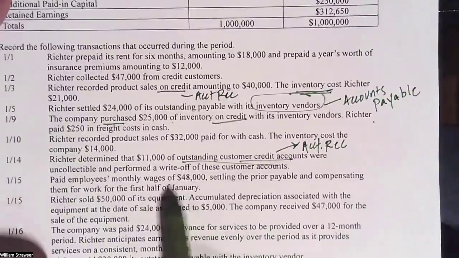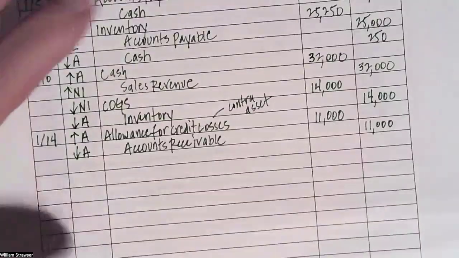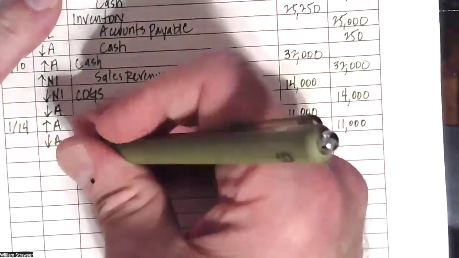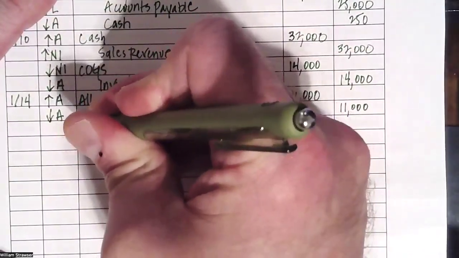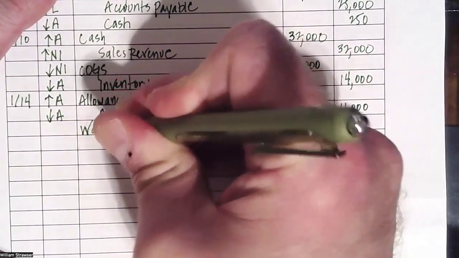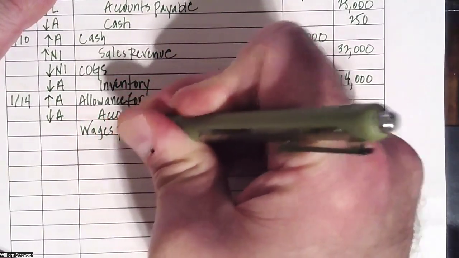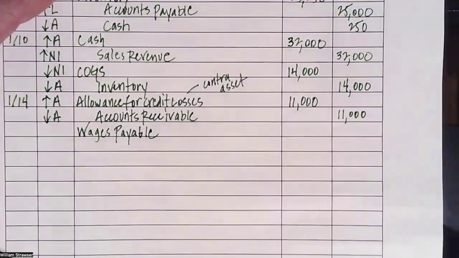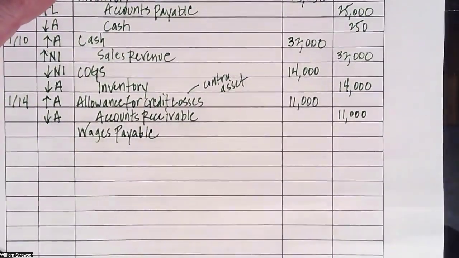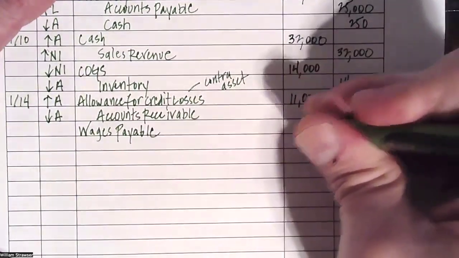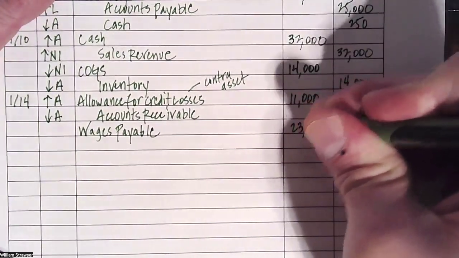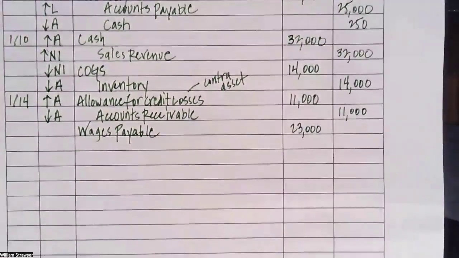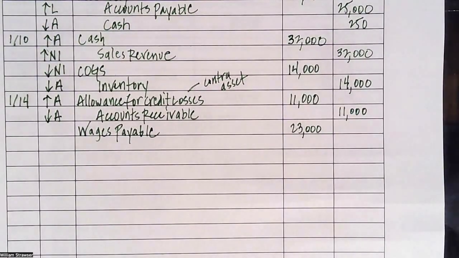I paid 48,000, right? So I owed my employees 23,000 from the prior period. That's the first place I'm going to take it. So that wages payable was accrued last period, right? $23,000. That means I'm paying them for work they did back then, right?